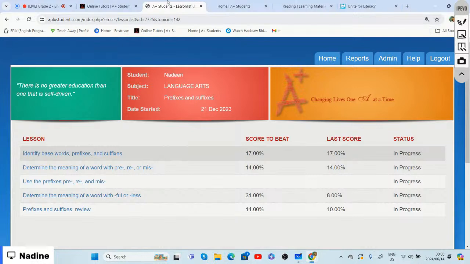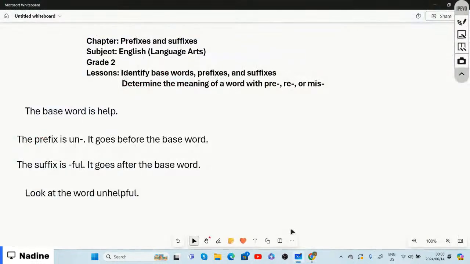All right, so our chapter is prefixes and suffixes. Our subject is English Language Arts, grade 2.